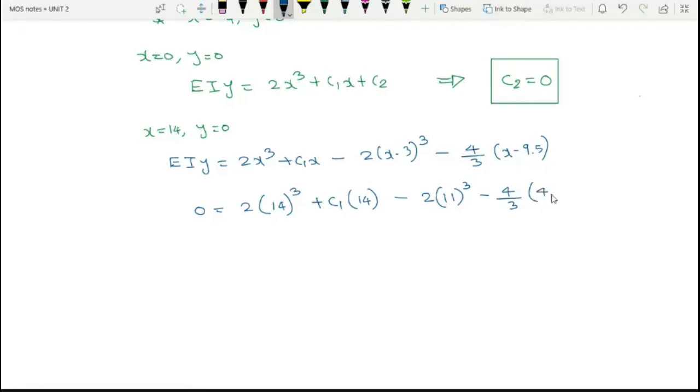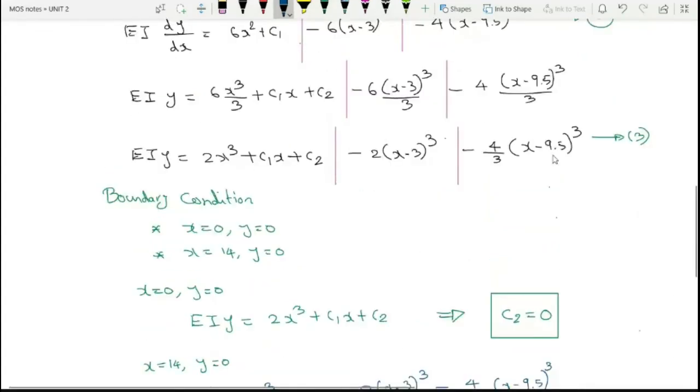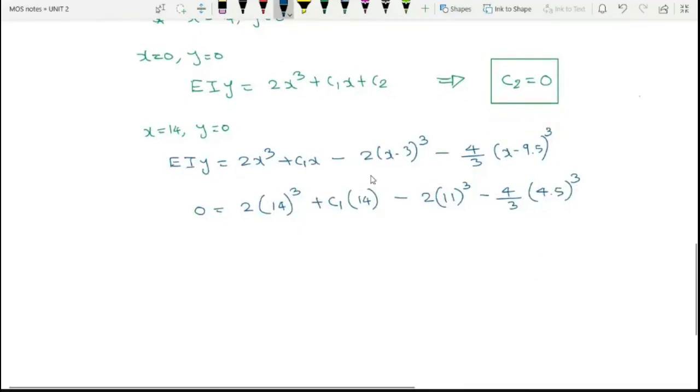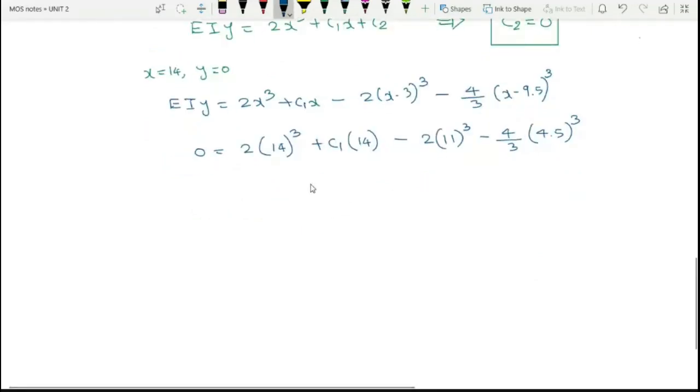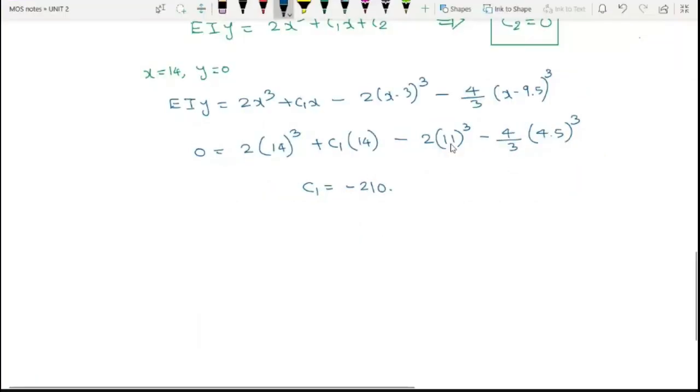So you are getting 4.5. I think I missed something. 4.5 cube. I missed this cube. So 9.5 cube, right? So can you substitute and identify what is the value of C1? I'll get C1 is equal to minus 210.5. So this is my C1 value.